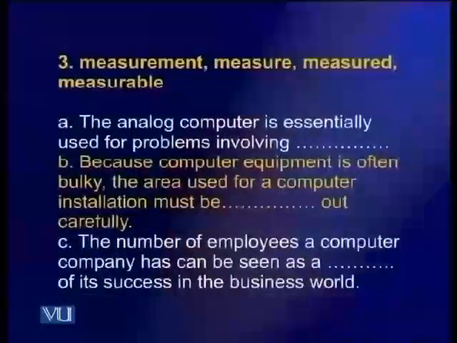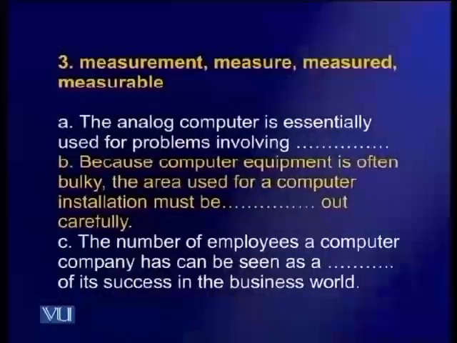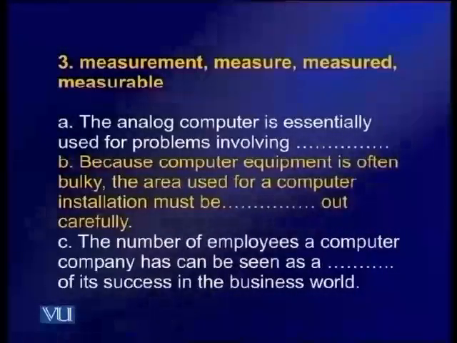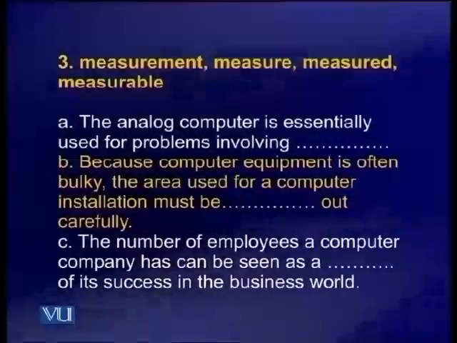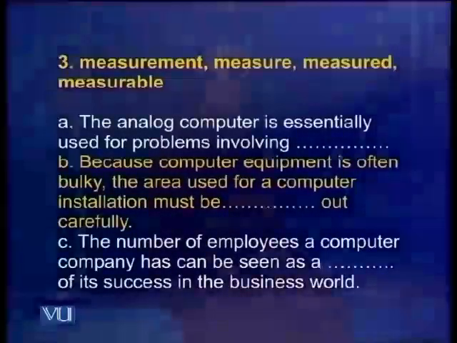And the last sentence in the third group, the number of employees a computer company has can be seen as a blank of its success in the business world. The number of employees a computer company has can be seen as a measure of its success in the business world.